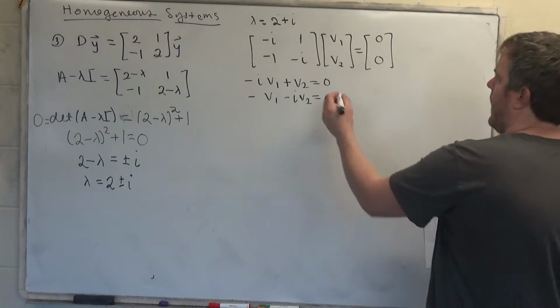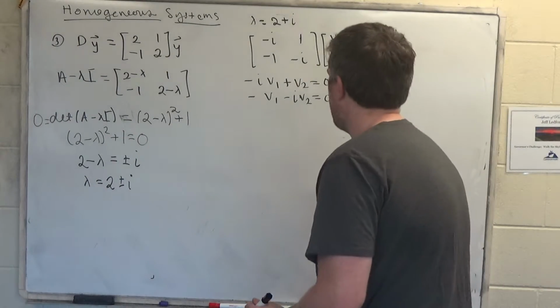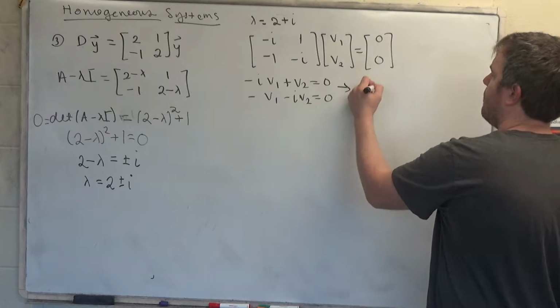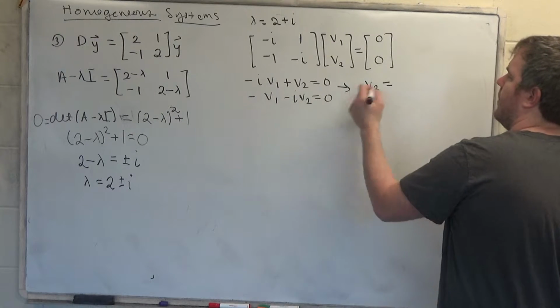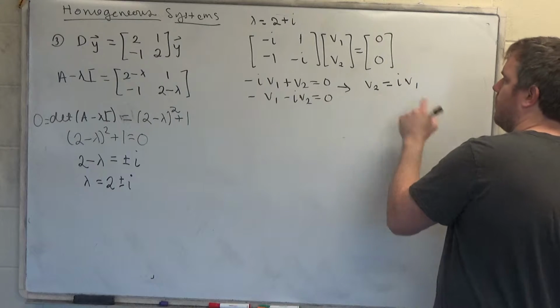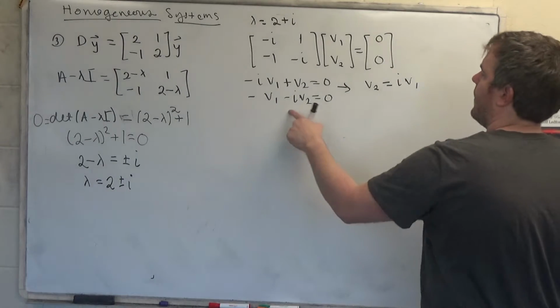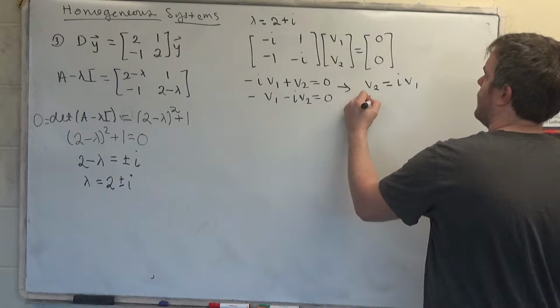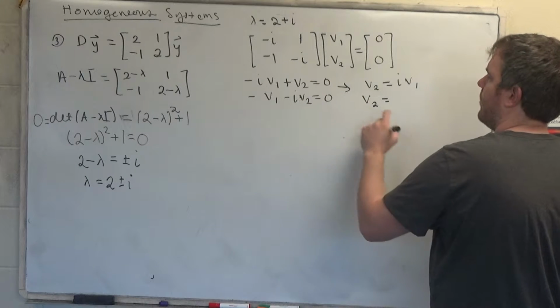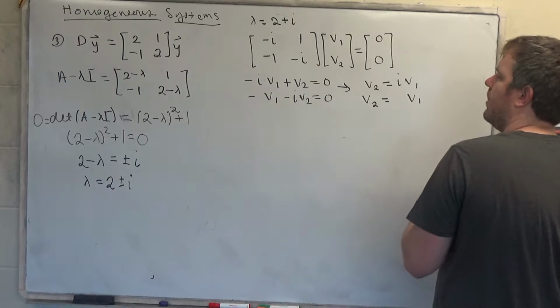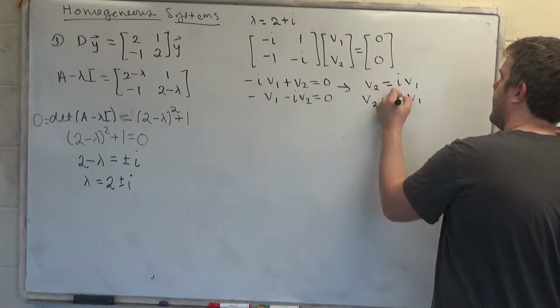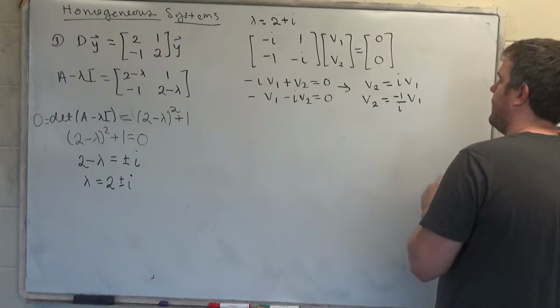And at first, it may not be clear that these are actually the same relationship, but if we solve both of them for v2, we see that we'll get the relationship v2 is i v1. So to see that here, let's see, we should have v2 is, if I move this over, I get v1, and then divided by negative i.